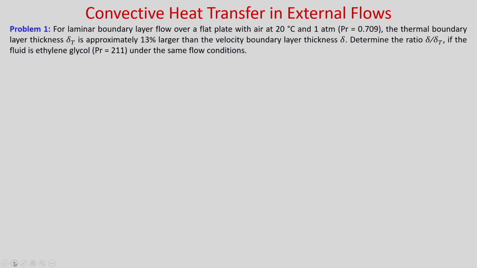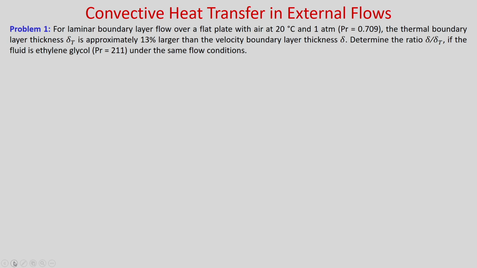For laminar boundary layer flow over a flat plate with air at 20 degree centigrade and 1 atmosphere, Prandtl number is equal to 0.709, the thermal boundary layer thickness delta T is approximately 13% larger than the velocity boundary layer thickness delta.